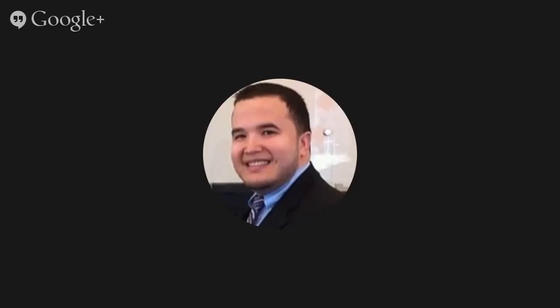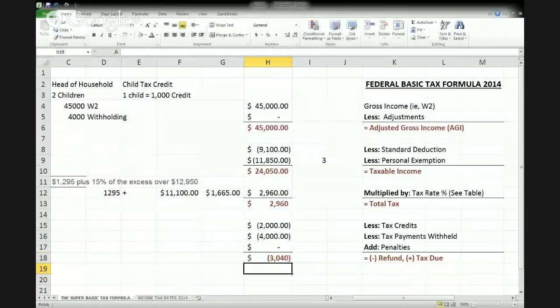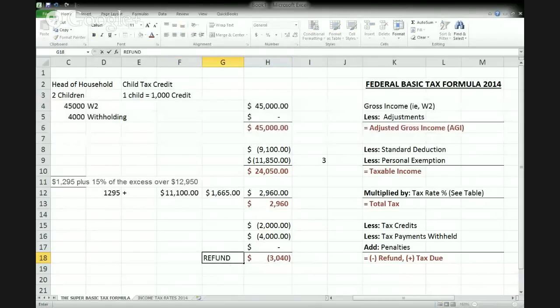Minus any tax credits, minus $4,000 of tax payments. That's a difference of $3,040 on the negative side. So this is a refund of $3,040.